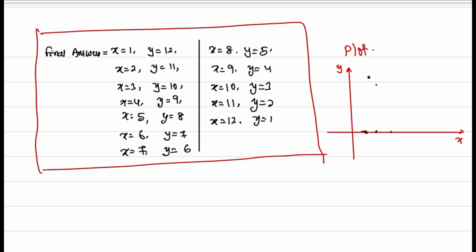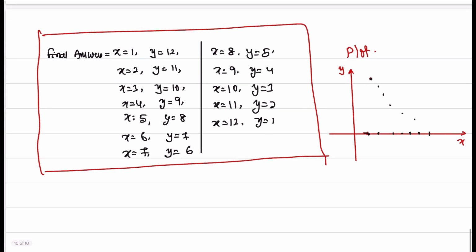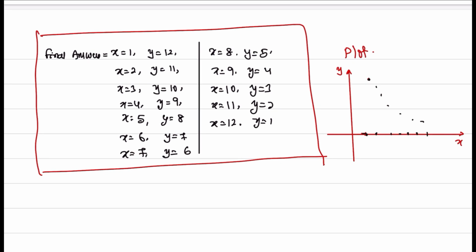X is equal to 3, y is equal to 10, x is equal to 4, y is equal to 9, x is equal to 6, y is equal to 7, x is equal to 7, y is equal to 6, x is equal to 8, y is equal to 5. That means it is a straight line.